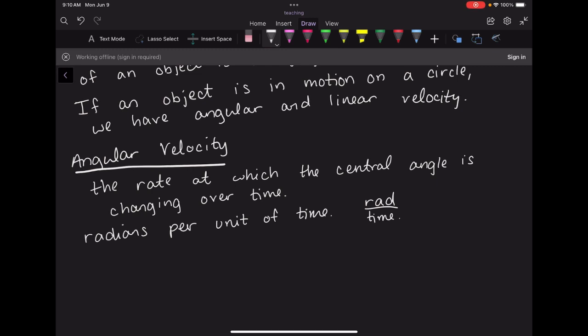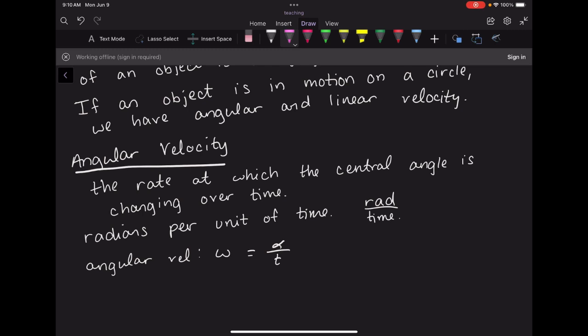And whenever we do our formula for this, we call angular velocity omega, which looks like a W, but it's actually a Greek letter. We call it omega. And we say that it's equal to an angle in radians, I'll say alpha, over time t.